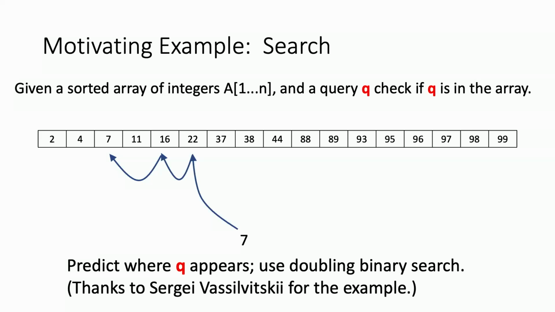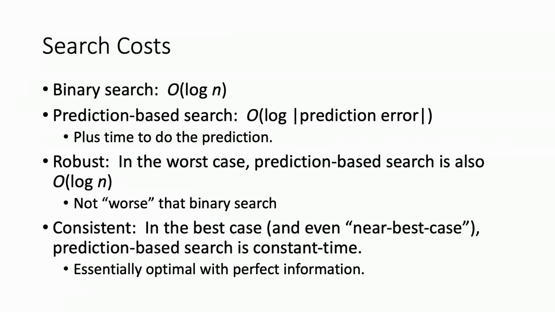Now you're not going to use binary search, but you can start at the prediction and use a doubling binary search. So if your number's smaller, you go 1 to the left, then 2 to the left, then 4 to the left, then 8 to the left. Eventually you'll go too far left, and now you have a range where you can do a binary search. All right, so this would be a way to make use of this prediction, and it is motivated by this high-level idea that you might have a guess of where to start.